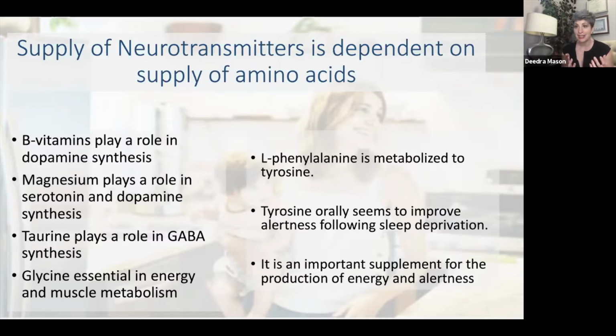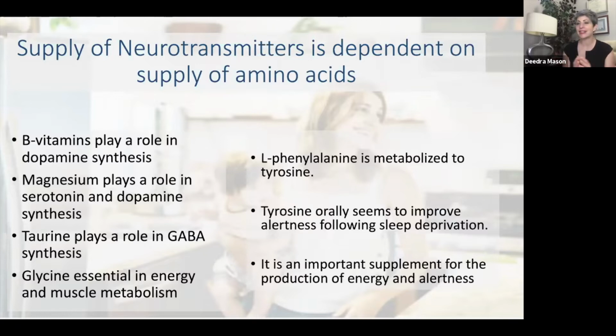B6 and magnesium, very important to make sure that the gut is able to utilize fuel, essential nutrients like glutamine, ultimately create its end product, glutamic acid, and then ultimately take glutamic acid or glutamate and turn it into GABA.